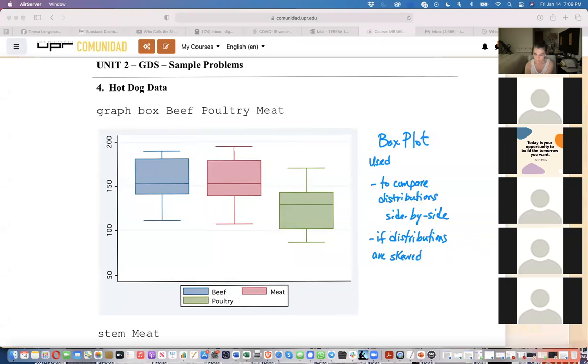In other words, not symmetric or asymmetrical. And I'll explain that as well.